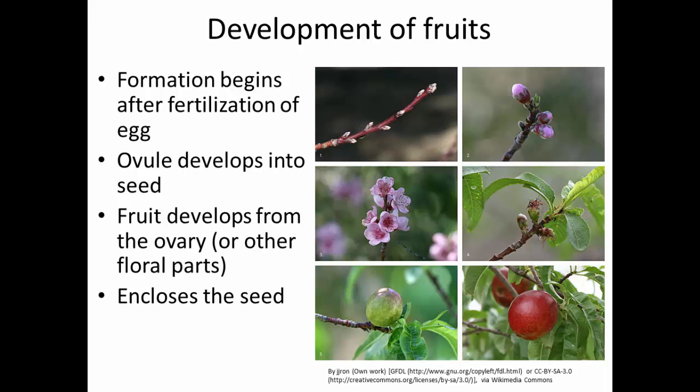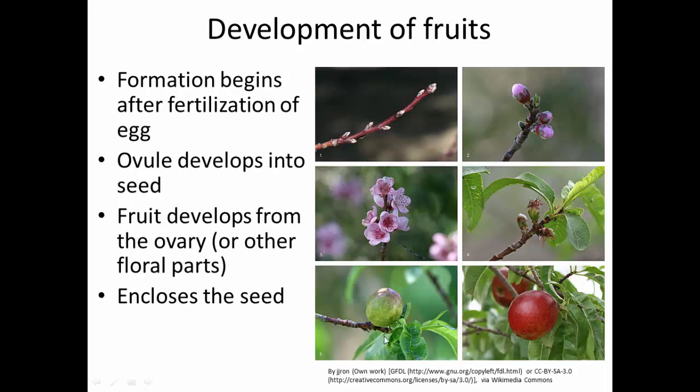In some cases, it's developing from other parts as well. And it's going to enclose the seed. So remember, the ovules were inside the ovary in this flower. After fertilization, the ovule is going to develop into the seed, and the ovary wall is developing into a fruit that's going to enclose the seed.